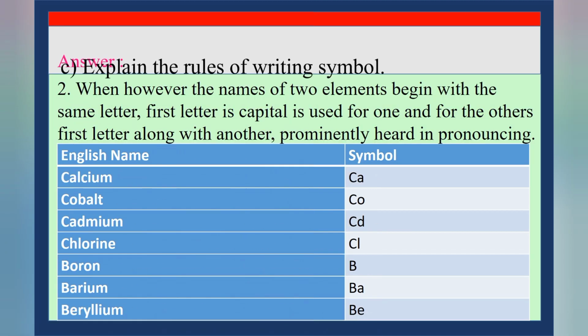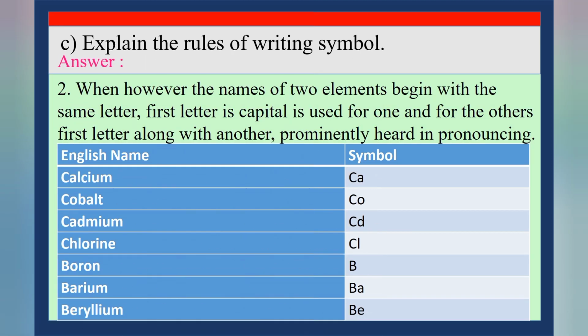Now if we come to our next point, when the names of two elements begin with the same letter, the first letter, capital, is used for one, and for the other, the first letter along with another prominently heard letter in pronouncing the English name, like calcium, the symbol will be Ca.